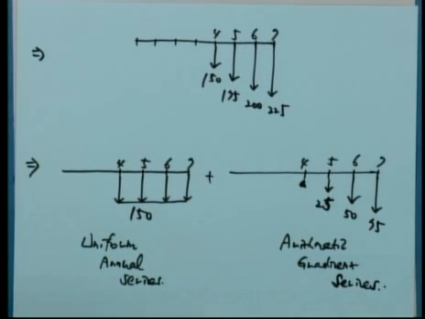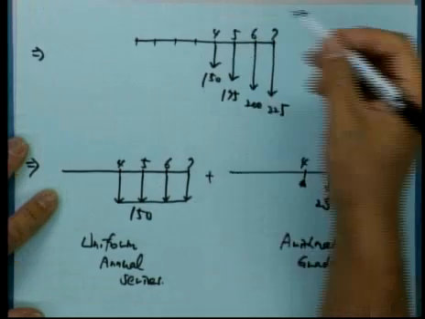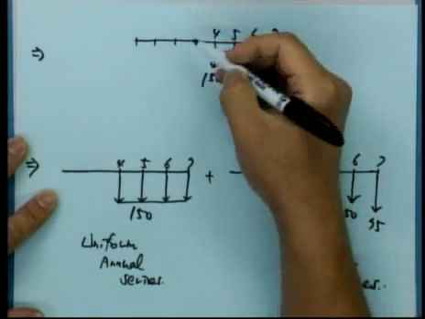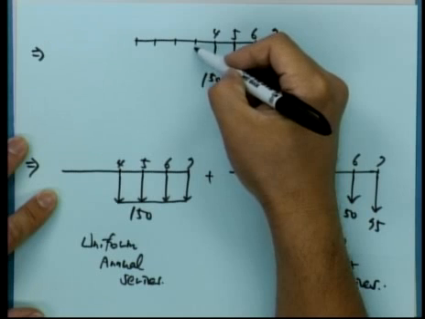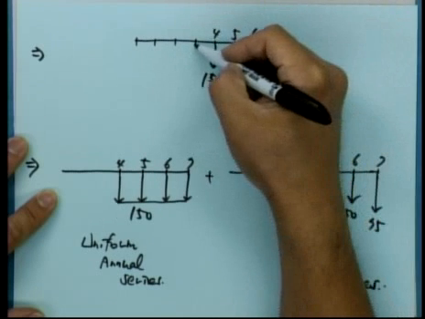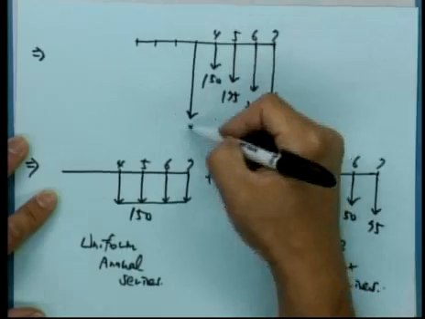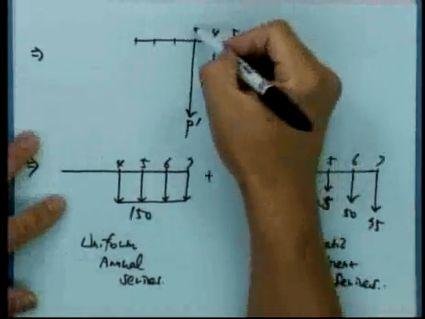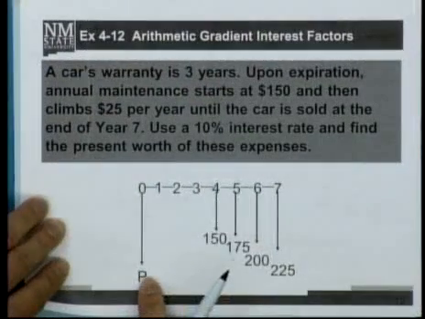So here, if we introduce P prime, let's say right here, P prime at the end of period 3, okay, instead of P0 at the end of period 0.